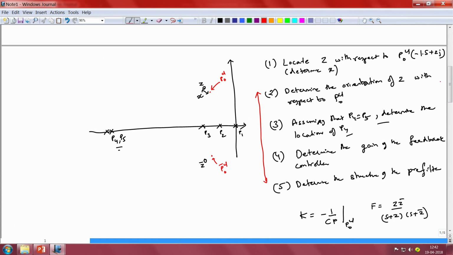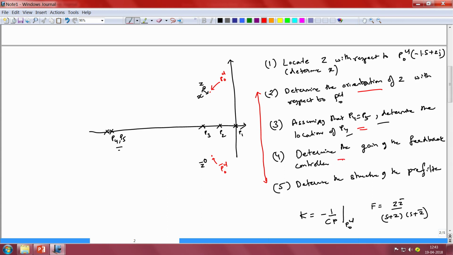Now, if we come back to the other steps, determination of the orientation of the point Z with respect to the point PCL naught can be done by applying the angle criterion at the point PCL naught. I urge the viewers of this video clip to look at the previous video clip to see the arguments that go behind the determination of the orientation of Z with respect to PCL naught, and subsequently determination of the position of the faraway poles of the controller, namely P4 and P5, once again can be looked up in the previous clip because the steps are exactly the same as what we had in the previous clip.